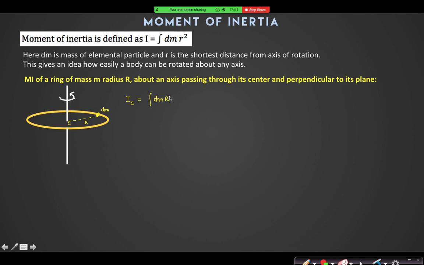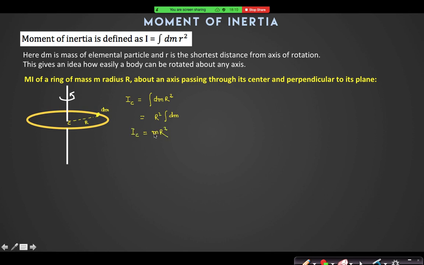So the moment of inertia about this axis is the integral of dm r square. Then r is a constant, so I can take r outside and do only the integration of dm. That will give me the total mass. So the moment of inertia of the ring about this axis is equal to mr square.